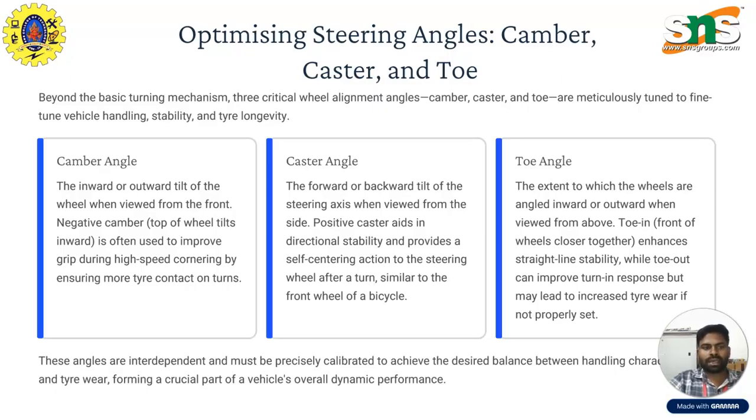Based on the tilt, we have a classification like positive camber and negative camber. Then the caster is based on the forward and backward tilt of the steering axle, viewed from the side. Based on that, we have positive caster and negative caster. The third one is toe.